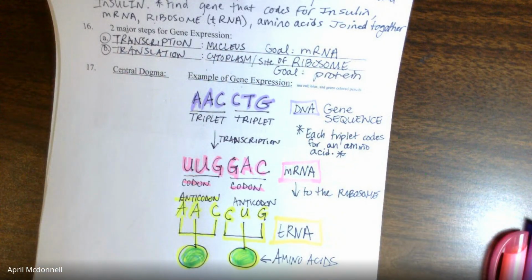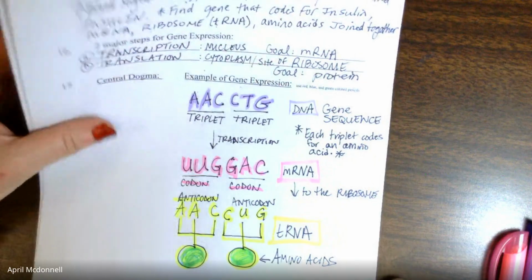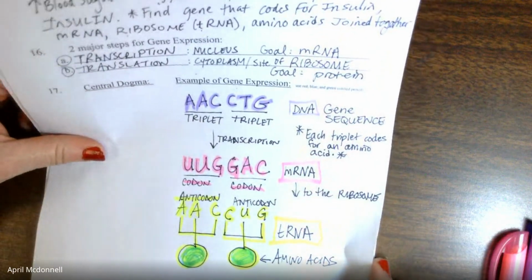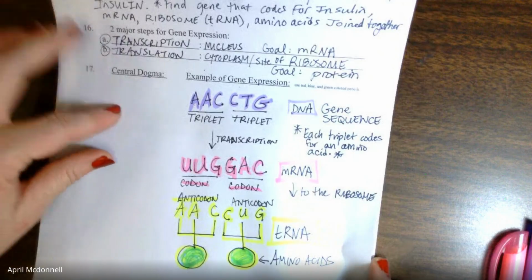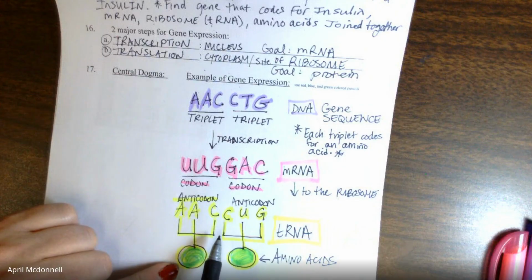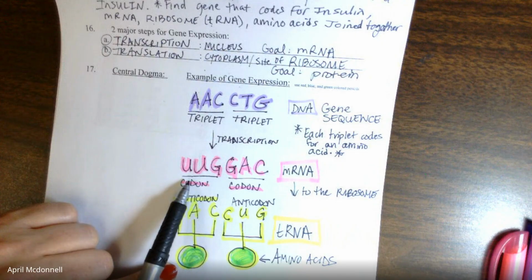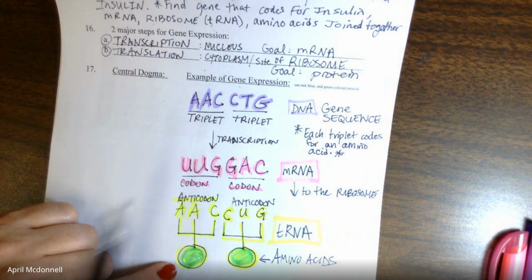Our next major goal is to determine the name of each of these amino acids. In order to determine the name of the amino acids, we're going to actually use the messenger RNA codons. So it looks like the first messenger RNA codon is UUG.